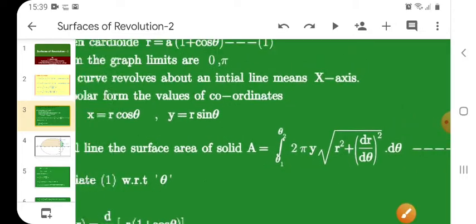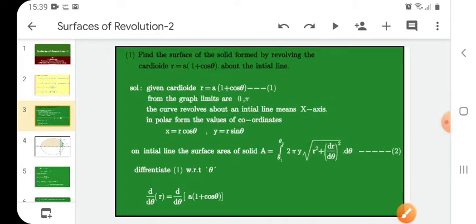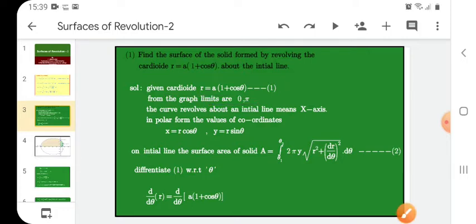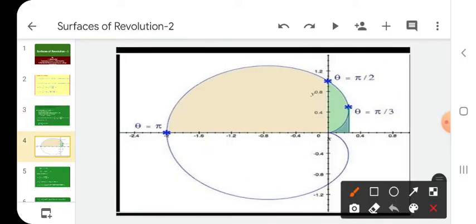Next, see here, the given curve r equals a into 1 plus cos theta is equation number 1, and the limits from the graph are 0 comma pi. Where is the graph? See, this is the graph of our given curve. Here this is 0 and this is theta 2 equals pi.